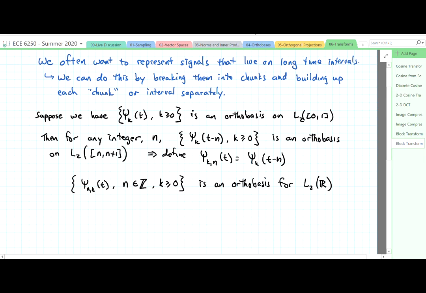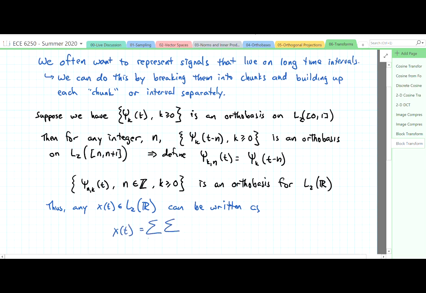So now any signal in L2 of the real line can be written as x of t.